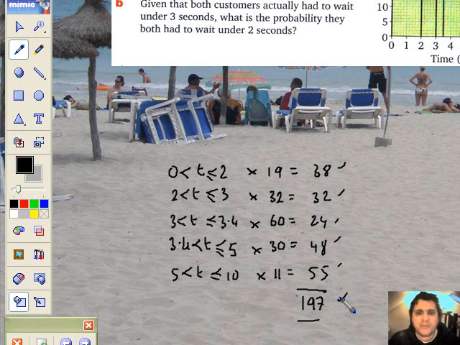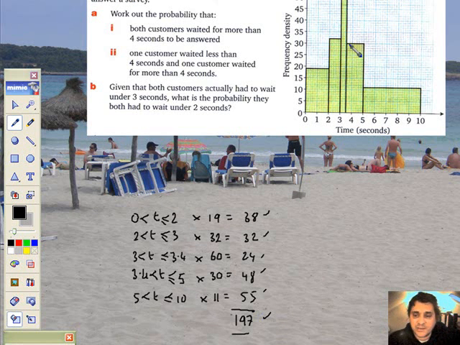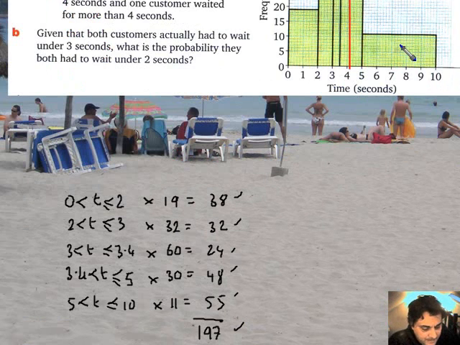We're told to work out the probability that both these customers waited for more than 4 seconds. Well, more than 4 seconds, so what we actually need is a very thin slice of this bar right here. So I want the people on this side plus the people on this side. Let's see how many we're talking about.